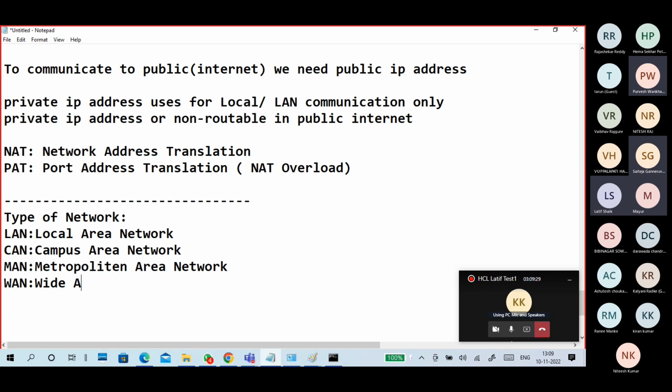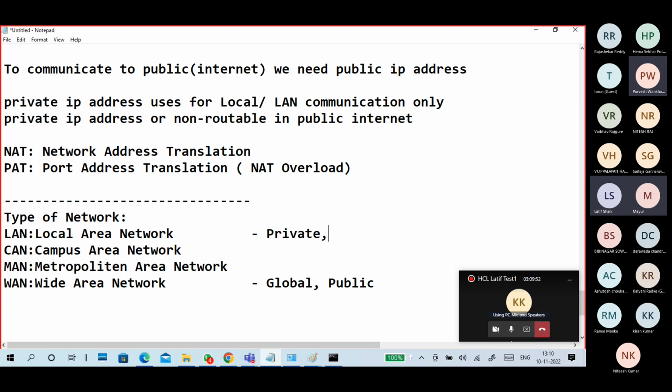Wide area network, no limitation. It's a global network. So global. If you want to access the internet, that is WAN connectivity, public internet, public network. LAN is not global, it is private.